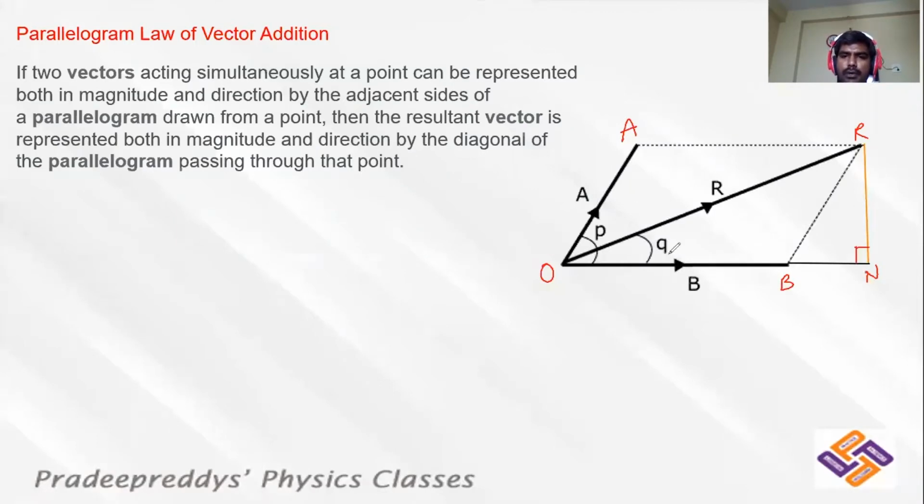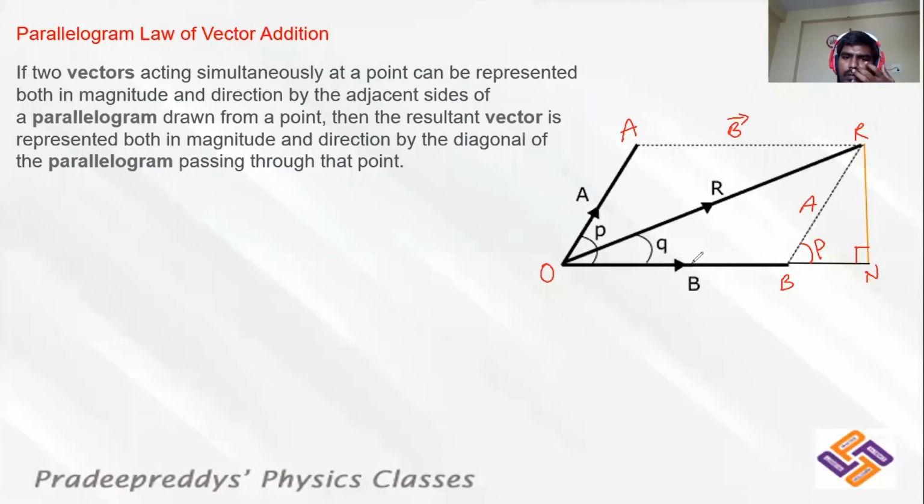As I already told you, OB is equal to AR, because this is a parallelogram, opposite sides will definitely be equal, and this is A. And this angle is the angle made by A bar with the x-axis, so this angle will also be equal to P. Now I have simple geometrical constructions. I am dropping RN, a perpendicular, and extending OB sideward, so that you have these extensions for the parallelogram.